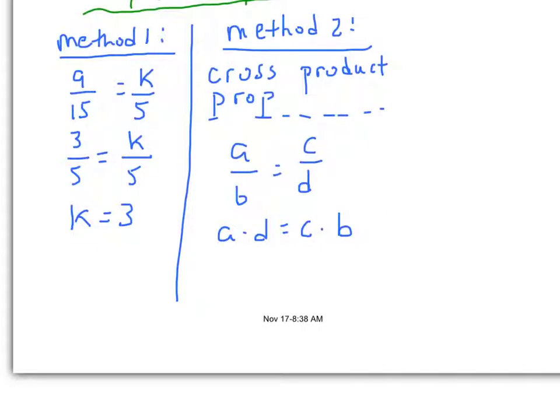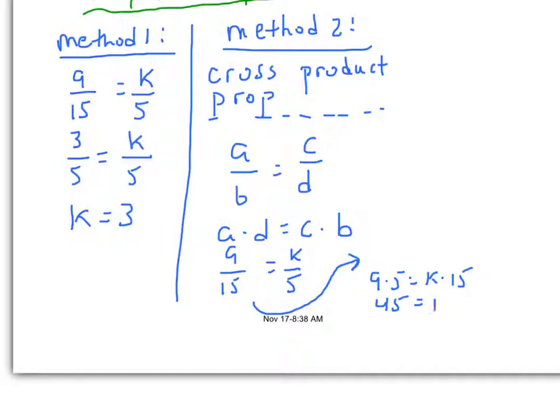So if I have 9/15 equals k over 5, then I'm going to say a times d, which would be 9 times 5, equals k times 15. So that gives me 45 equals 15k. I'll do a transformation, multiply by 1/15, and I'll get that k equals 3, just like I did before.